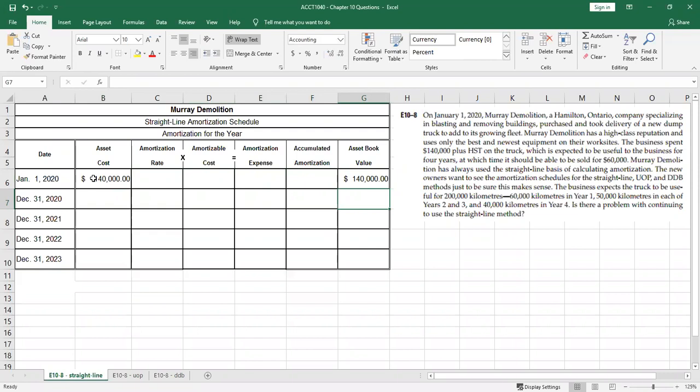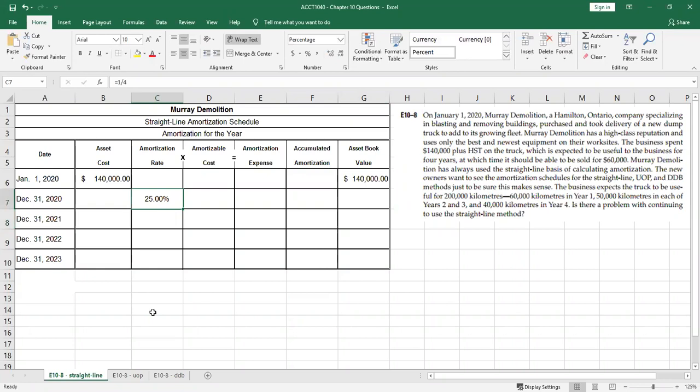Okay, what I want you to take a look at next is the amortization rate column. Okay, and I know that the amortization rate is 25%. Well, how do I know that? Well, we know that the expected useful life of the truck is 4 years. Okay, the asset is 100% at the beginning of 4 years.